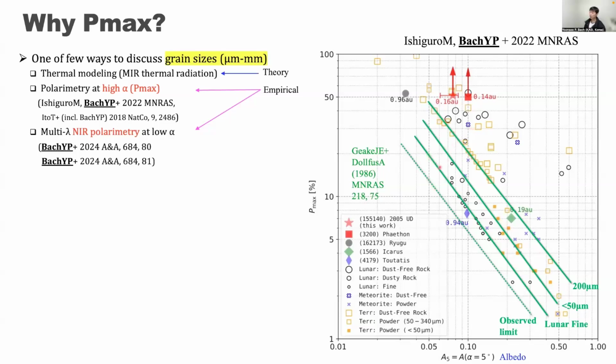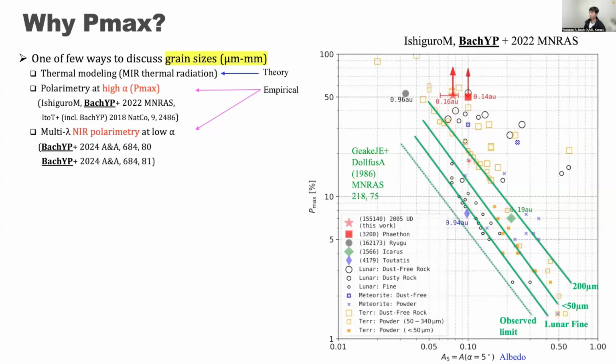These green lines guide our eyes to follow the same grain size samples suggested in the 1970s and 1980s by the experimentalists. It is interesting that regardless of the origin of the samples, they have a very strong, tight relationship or empirical trend that the grain size increases as the polarization degree increases for a given albedo.